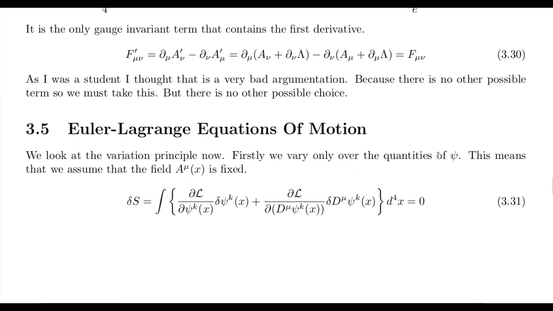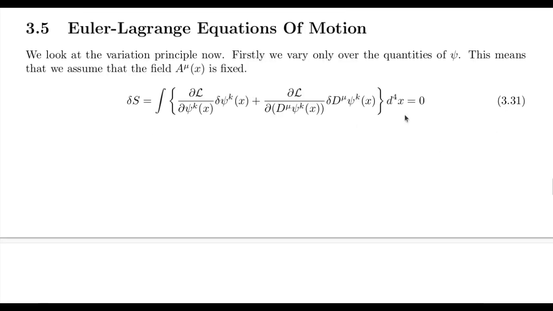Then we consider the Euler-Lagrange equations of motion. We must now write into the variation of the action integral the covariant derivative here. We have seen only then we have invariance.